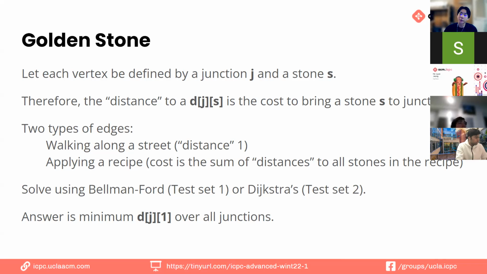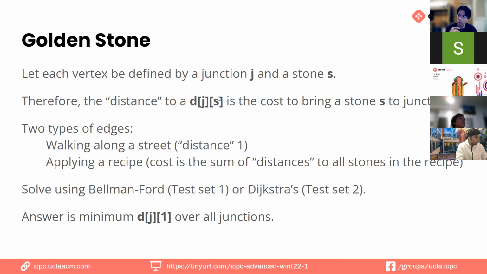Then another type of edge is traversing the second dimension, the dimension of the stone type. That's where you use the recipes instead. So moving between junctions is edges across the first dimension, and edges across the other dimension are the recipes.